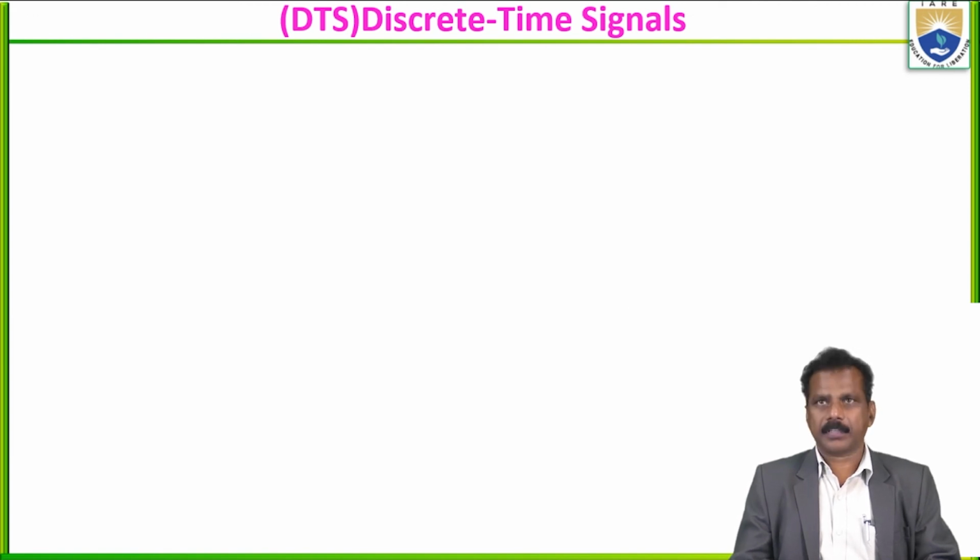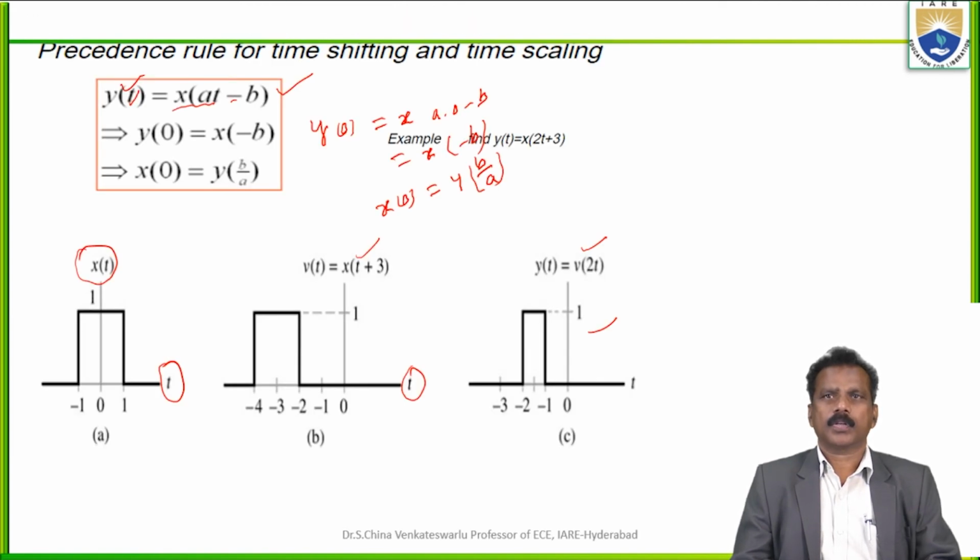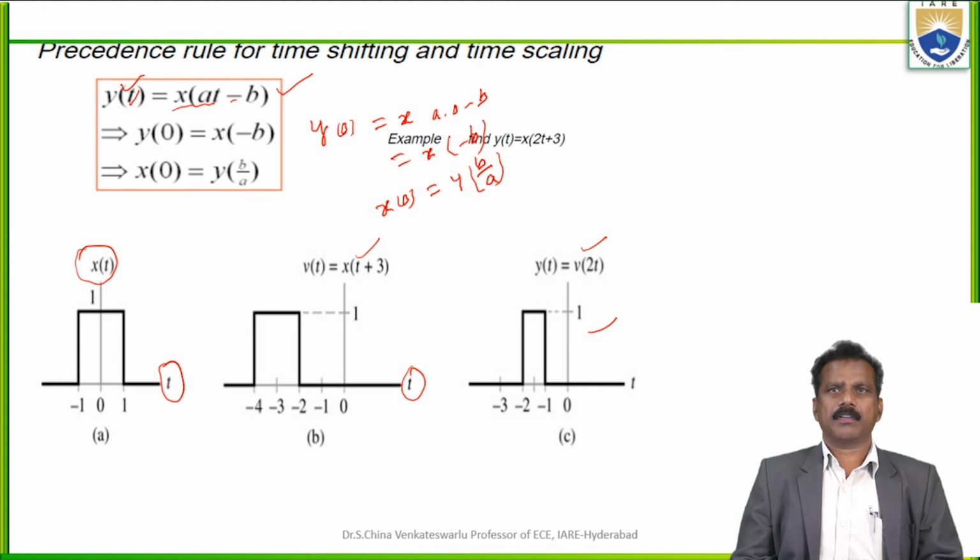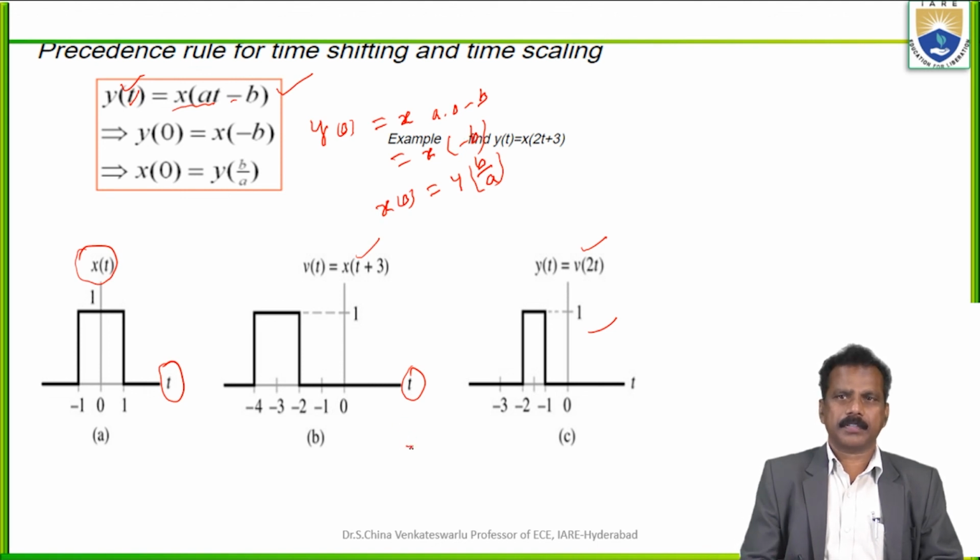Now coming to discrete time signals. Elementary signals depend upon these variations and different parameters, such as time scaling or time shifting, and the ramp signal. In terms of continuous time signals or discrete time signals, how they vary depends upon these time scaling properties.